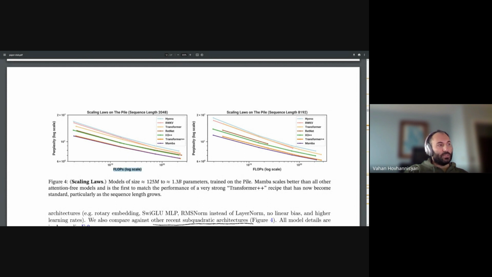So flops is on the x-axis, and we want to see, as we do more operations, as we have larger models, how does perplexity change? And you can see Mamba performs right on par with Transformer++.